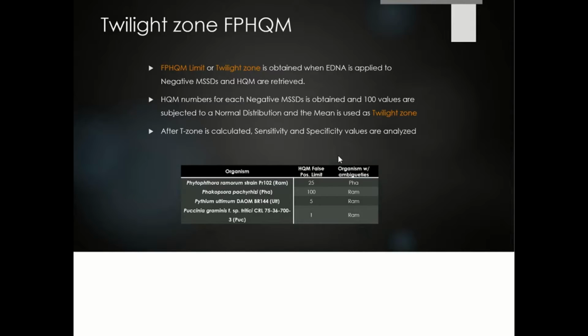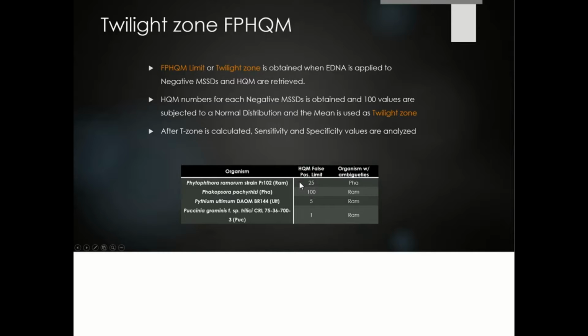I did an analysis with 2,000 mock sample sequencing databases, and that output allowed me to know the mean number of false positive high quality matches I can get. I allow some false positive high quality matches in a data set; for Phytophthora ramorum, I allow 25, which means that if I have 25 high quality matches, I might be doubtful if this is positive or negative.